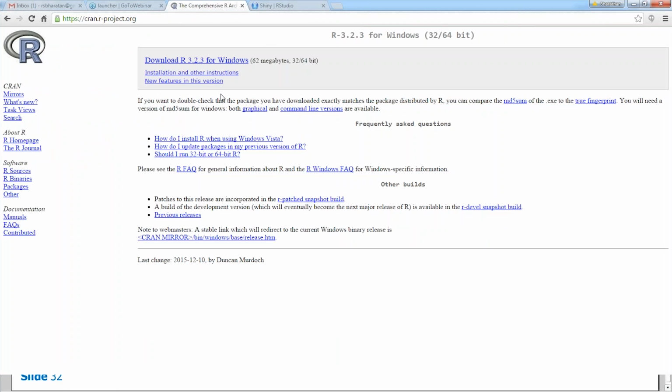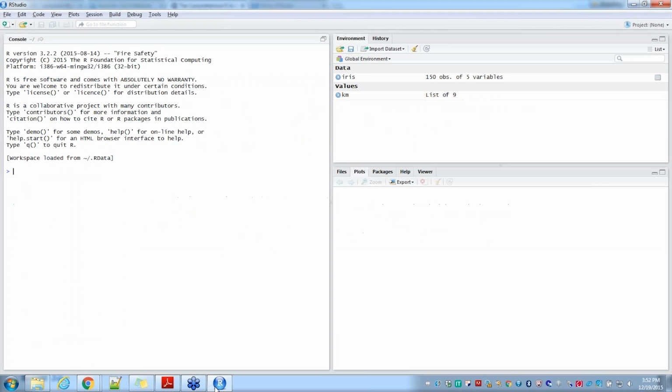Once you have installed both of these, you just have to bring up your RStudio application, and that will talk to the open source R that you've downloaded from CRAN in the backend. So you don't really need to explicitly call the open source CRAN installation. As long as you're calling RStudio, you are doing fine. It will talk to the R program in the backend.